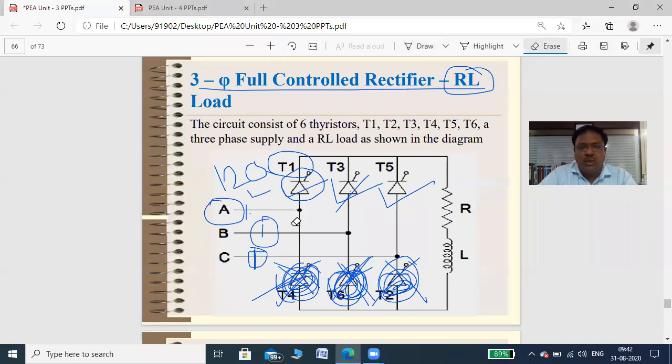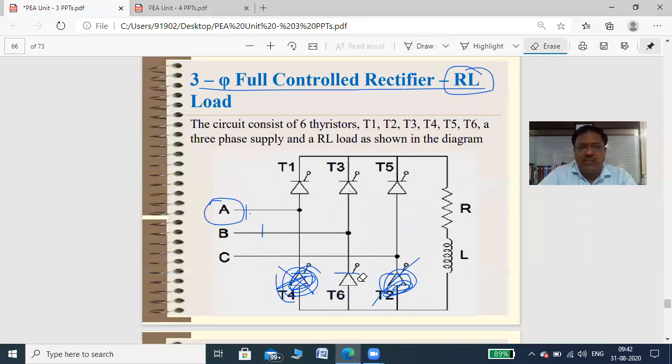So if T1 is conducting, then definitely either T6 or T2 is conducting with T1. Similarly, when T3 is conducting, either T4 or T2 is conducting with it. And last, when T5 is conducting, then T4 or T6 is conducting with T5. Very simple to remember, dear student.